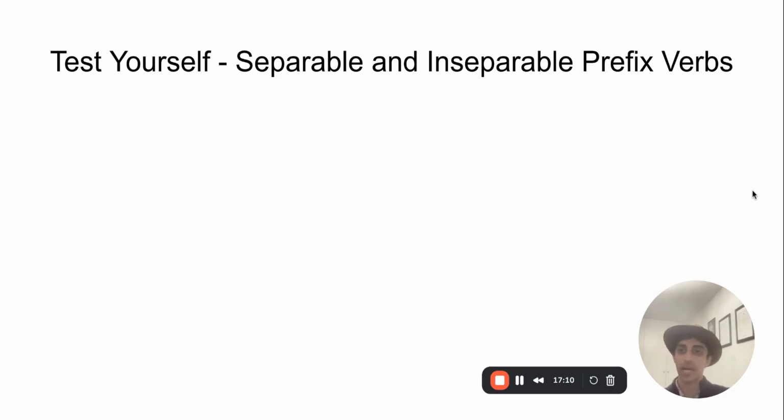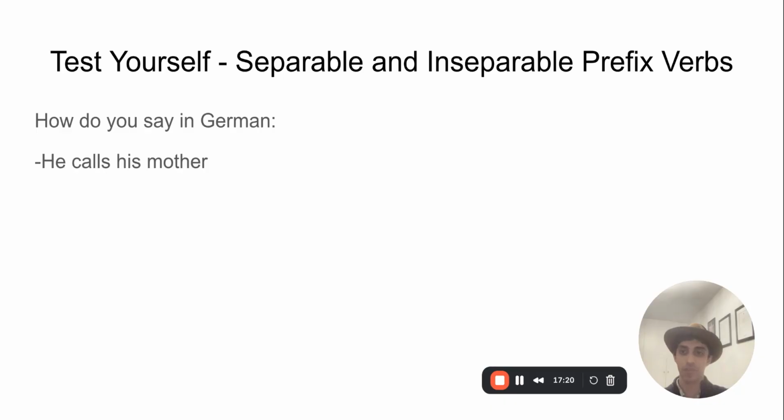Okay, so now I'm going to give you the chance to test yourself on separable and inseparable prefix verbs with some example questions. So how do you say in German, he calls his mother? That's the first one. You do need to know the verb to call, anrufen, here.